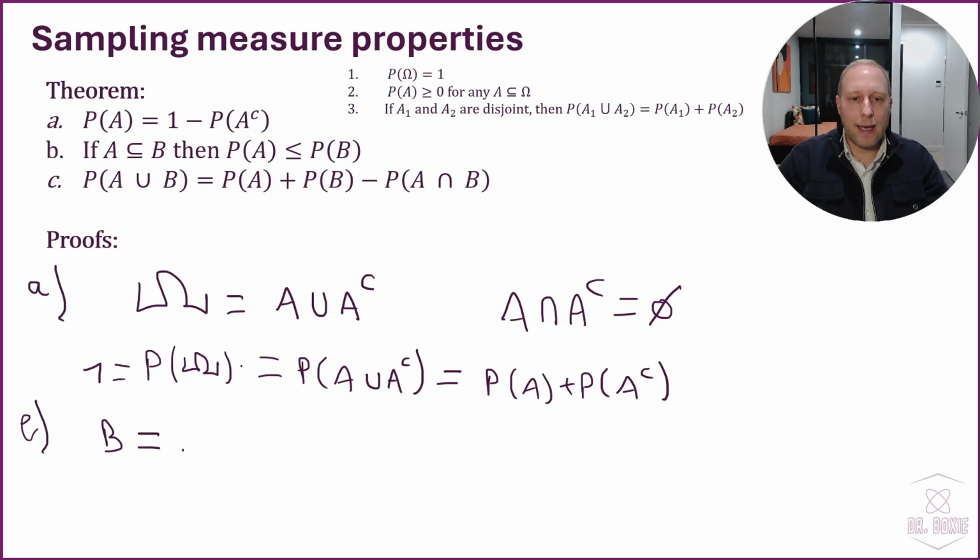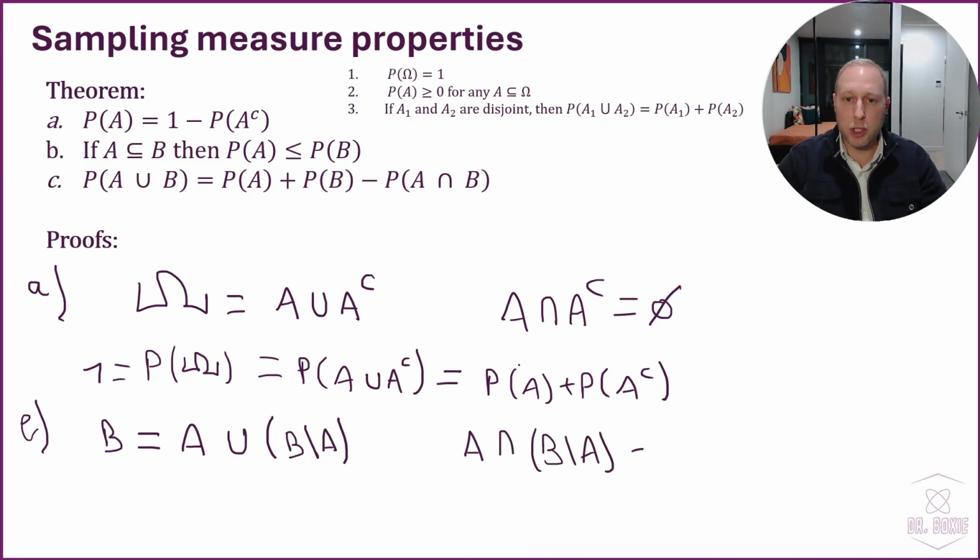B can be written as A union everything that is in B but not in A, and that is written as the set theoretical difference of B and A, so that's B minus A. So this is a notation for everything that is in B but not included in A. And for the same reason, that means that these two are disjoint. A intersected with B minus A is by definition the empty set.